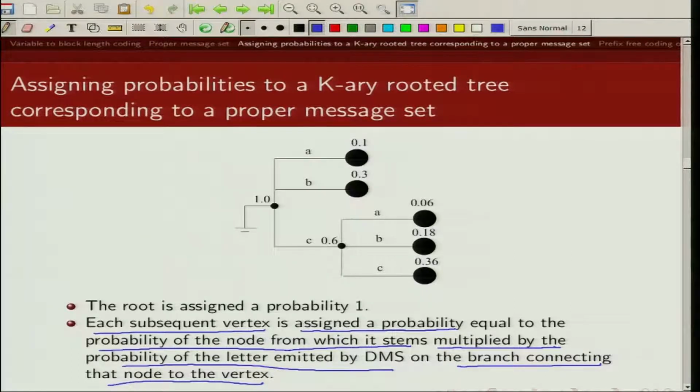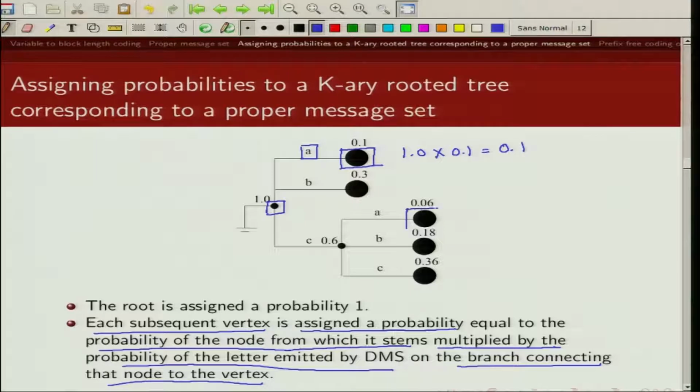So according to this, what should be the probability of this vertex? This probability would be the probability of this node multiplied by the probability of occurrence of this letter A. So this is 1 into the probability of A, which was 0.1, so this is 0.1.